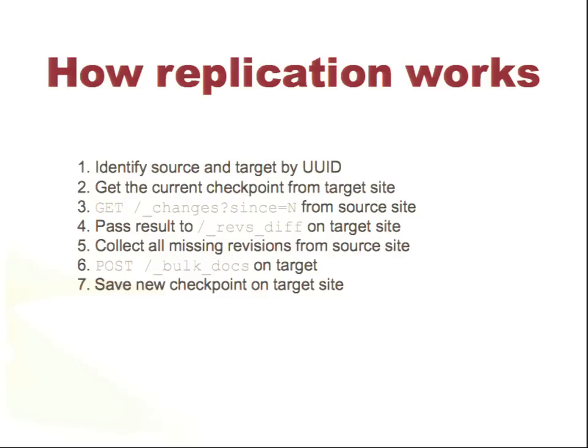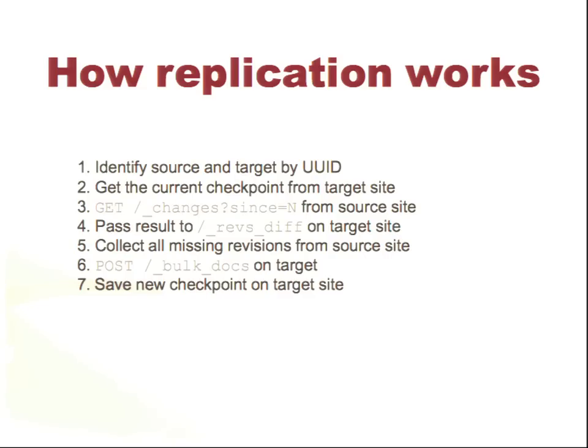So in practice, how does the replication work on a technical level? There are a few network calls that we need to do here. First, the source and the target each have a UUID, so they can be identified universally. When you want to push from the source site to the target site, first we ask the target site, at what sequence number did I last do the push?